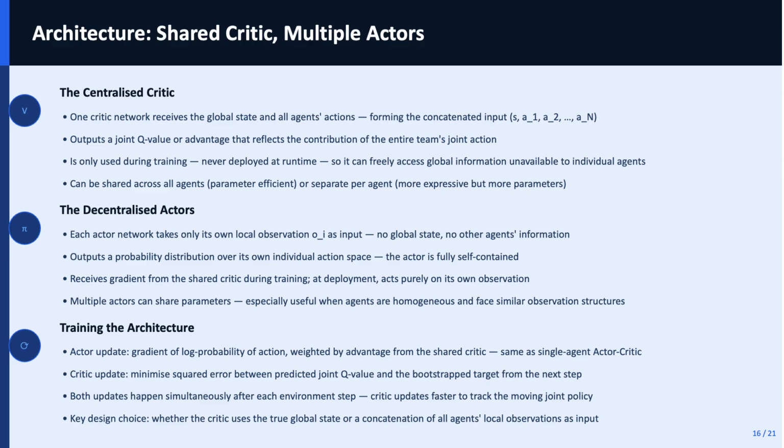The actor networks, one per agent, are much simpler. Each takes only the agent's own local observation as input and outputs a probability distribution over its own action space.